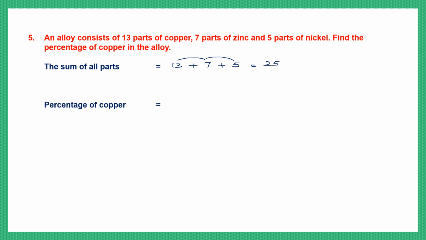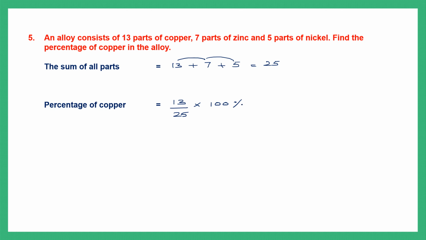Now, we are asked to find the percentage of copper. Now, copper, there are 13 parts. To find the percentage, we say 13 by the sum of all the parts, which is 25. And to find the percentage, we multiply by 100%. Now let's cancel.